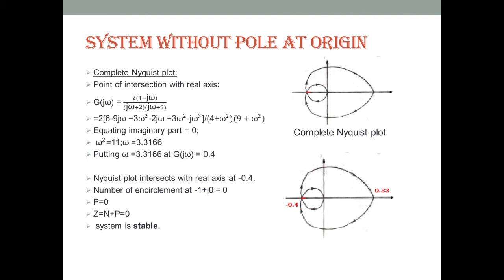So the number of encirclements of the origin is equal to the number of encirclements of -1 in the G(s)H(s) plane. So it is very important to find the number of encirclements at -1 plus j0.